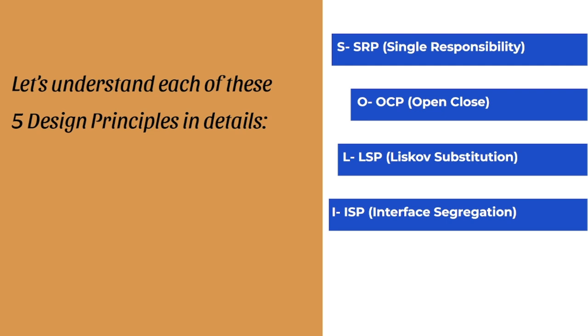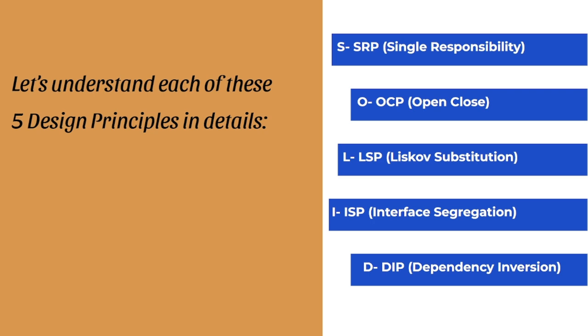Now the next is the D principle, the last one, that is the dependency inversion principle. The high level module should not depend on the low level module. Both should depend on the abstraction. When we go further and deep dive into the dependency inversion principle and dependency injection, at that time we'll discuss this principle in more detail.